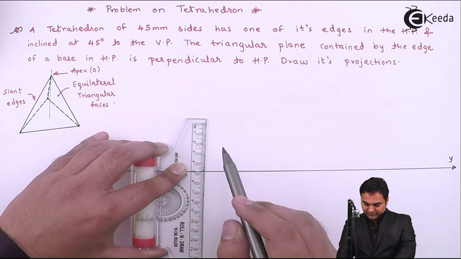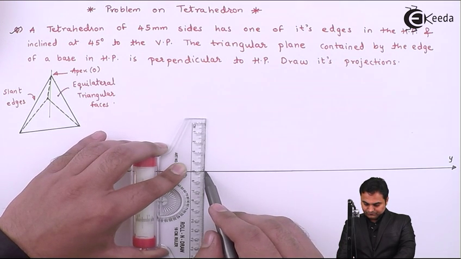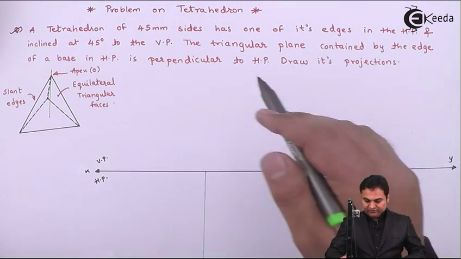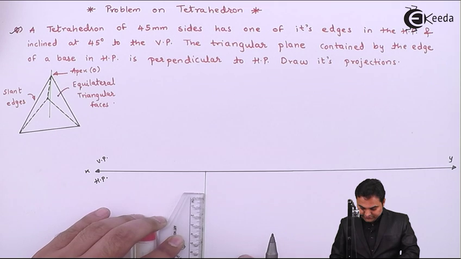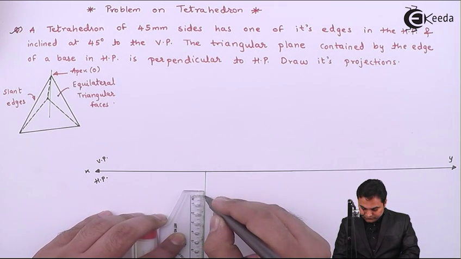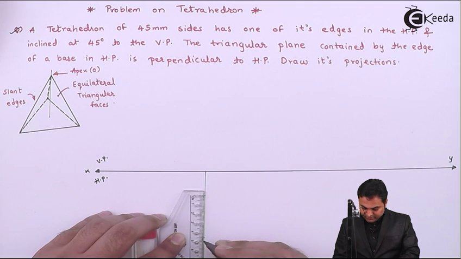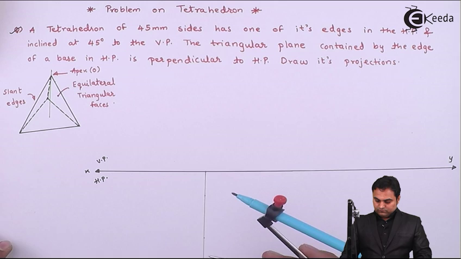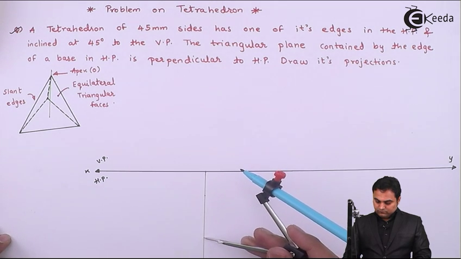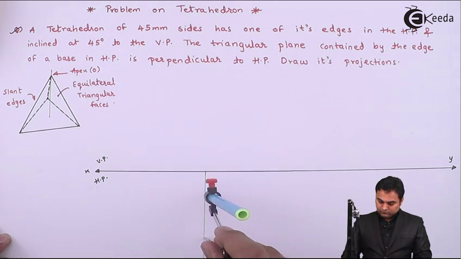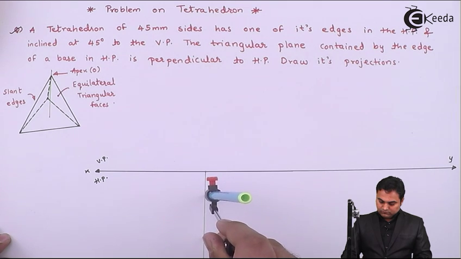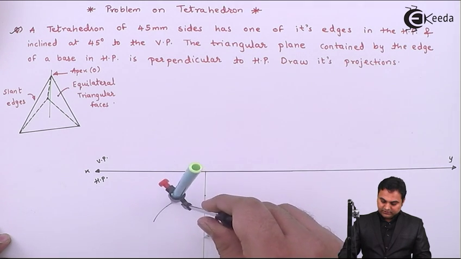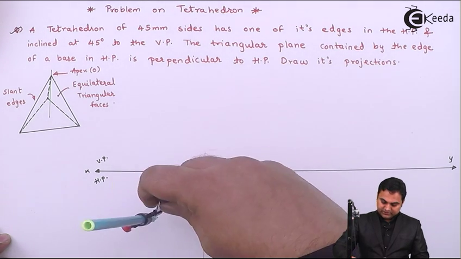So for that, here I'll draw a light vertical line. Next, marking 45 sides over it. So taking the distance as 45, measuring this 45 distance, drawing a light arc, cutting it from the other side.